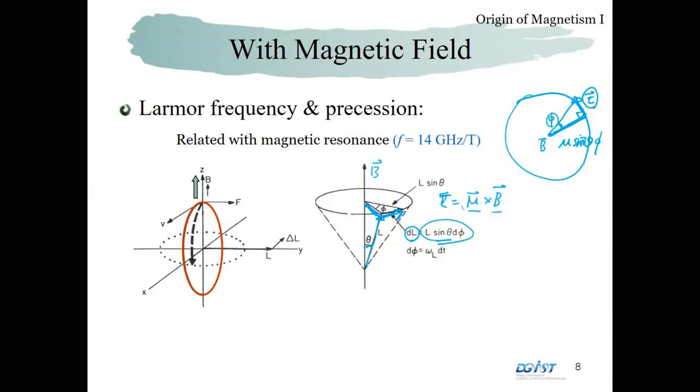And the angular velocity of this motion, we can define as omega L. Nothing else but d phi dt is omega L. So this d phi can be replaced by omega L dt. Now we have dL equals L sine theta omega L dt.